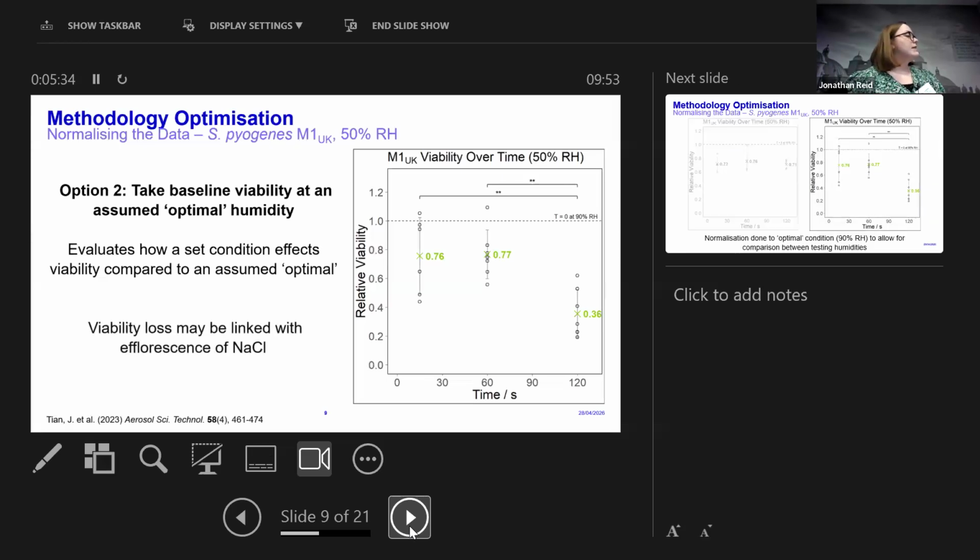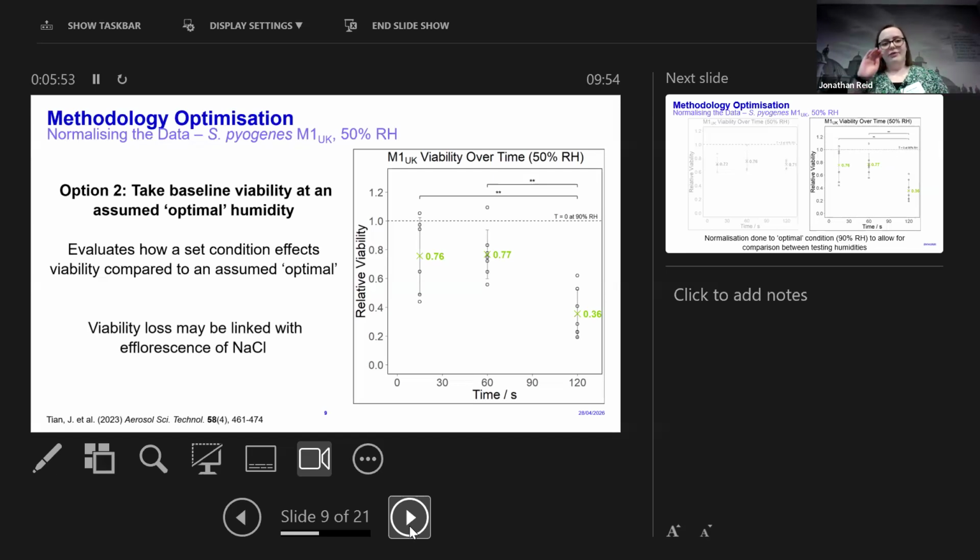We know the media that we're levitating our group A strep in does contain sodium chloride, and at this 50% relative humidity, it's right on that efflorescence point. So the crystallization of the sodium chloride might be impacting cell wall viability, and that can cause death of the bacteria itself.